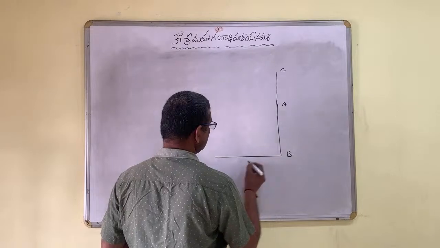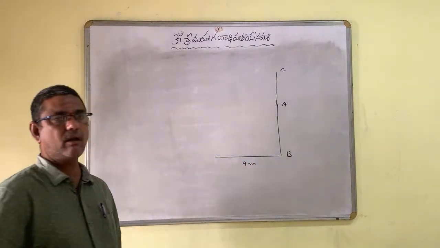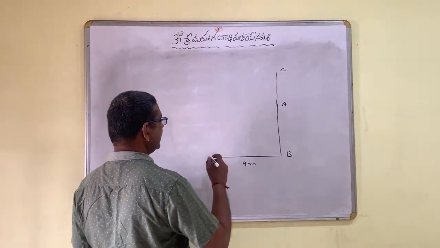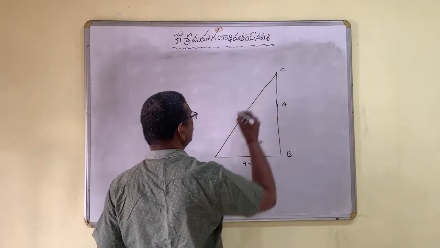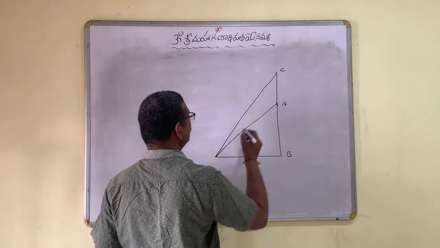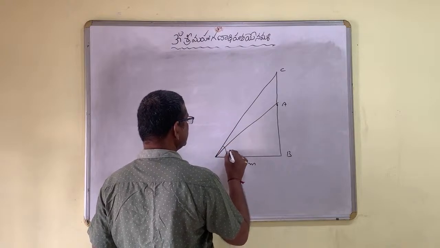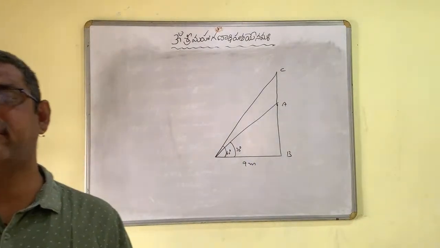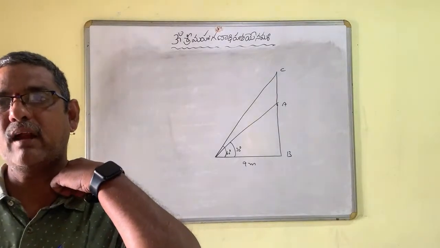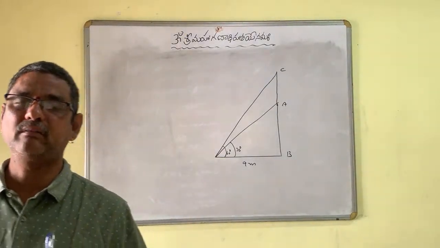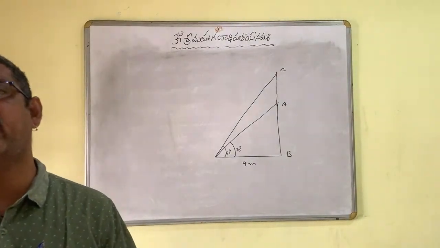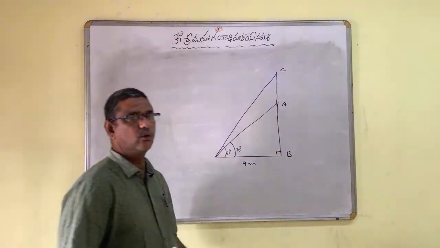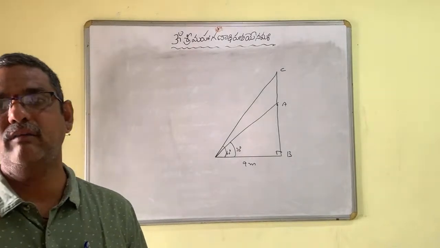From a point 9 meters from the foot of the tower, the angle of elevation of top of the flagpole and the bottom of the flagpole are given: 60 degrees, 30 degrees. The angle of elevation of top of the flagpole 60 degrees, bottom of the flagpole 30 degrees. And we know that the tower stands on the flat surface, so it makes an angle 90 degrees with the ground or with the surface.